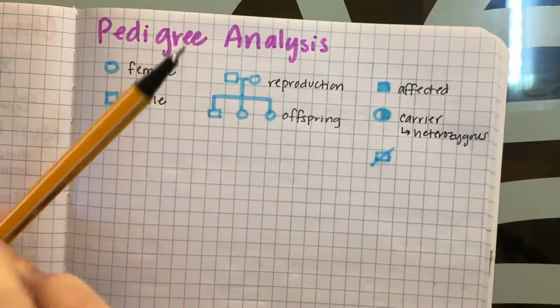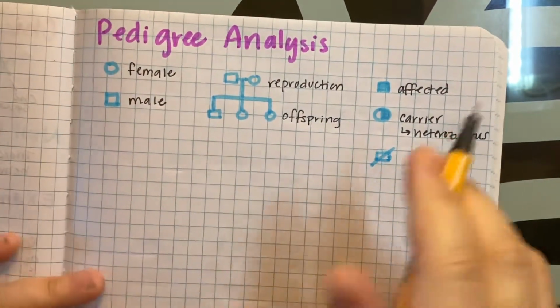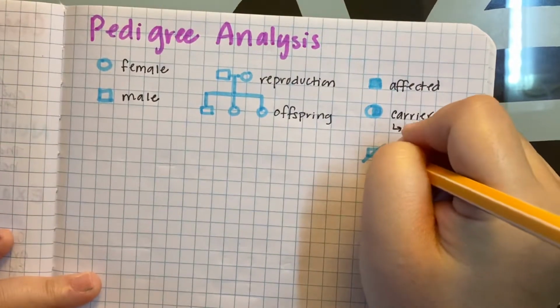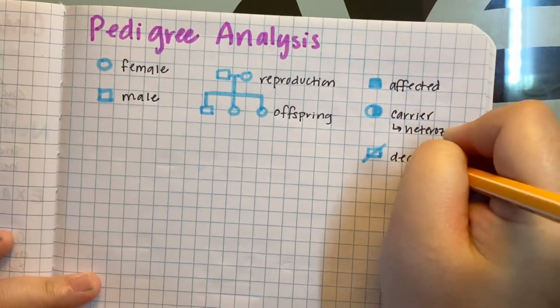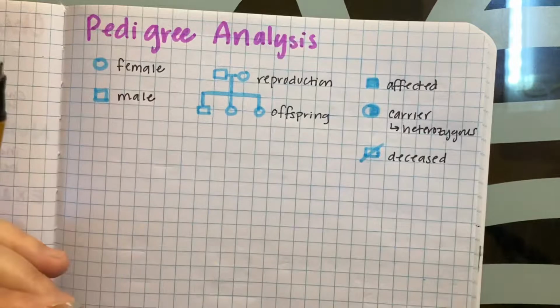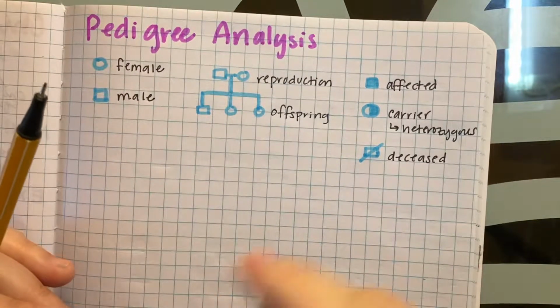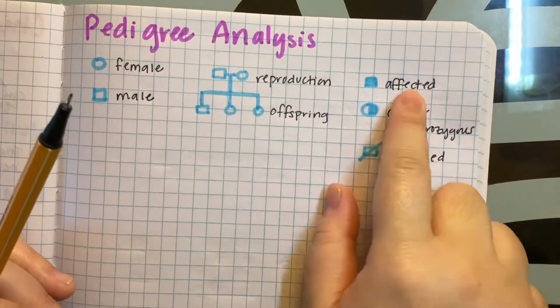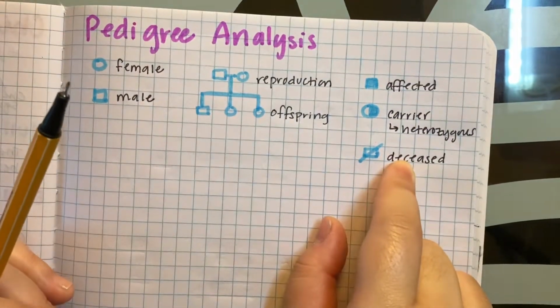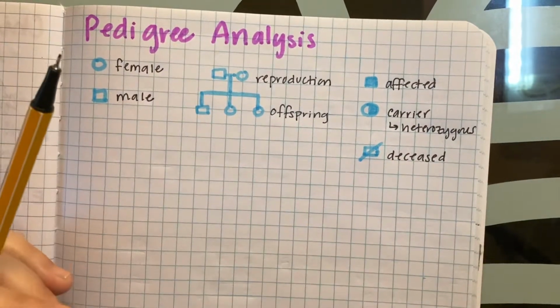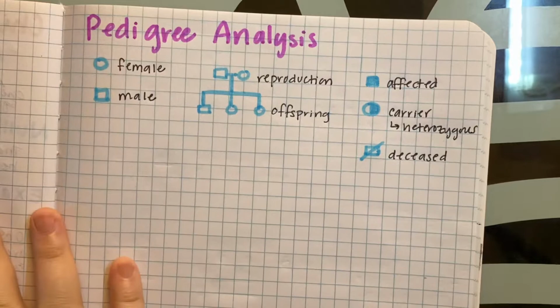Sometimes they draw the lines differently, and this just means that the person is deceased. Sometimes you'll see someone who's shaded and has the line, and that might mean that being affected caused the death, so it would be a lethal disease or disorder.